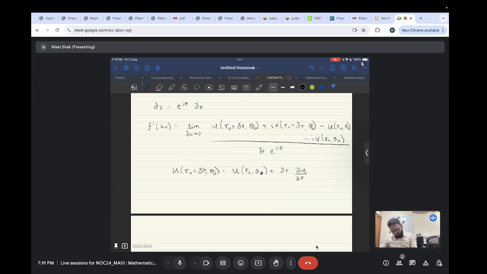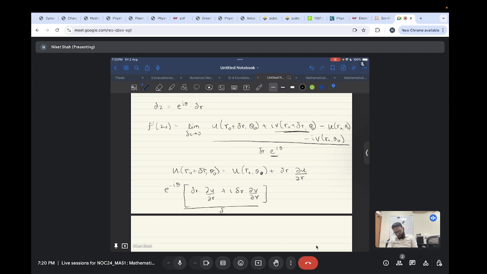All right. So what does this lead to? This gives me e raised to power minus i theta, which I'm taking outside, times delta r del u by del r. And similarly, if I do the same thing for v, it gives me plus i delta r del v by del r. I'm sure the same thing will happen here also.